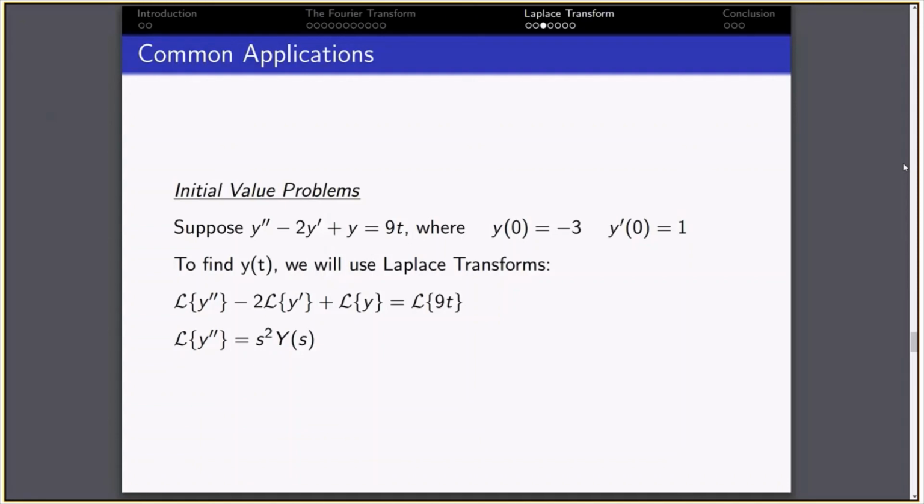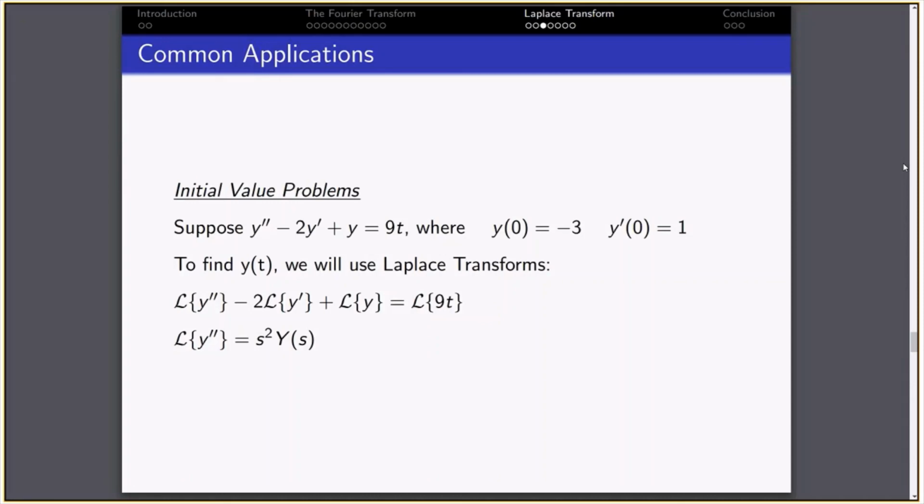term in the equation. So if we are given an equation of y double prime minus 2y prime plus y equals 9t, and we have the initial conditions for y of 0 and y prime of 0, in this case -3 and 1 respectively, these following formulas are actually calculated and established for the Laplace transform of y double prime and y prime.